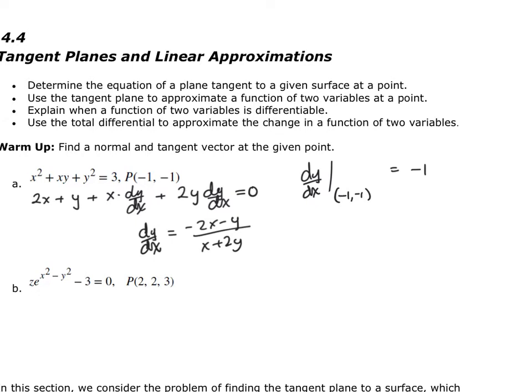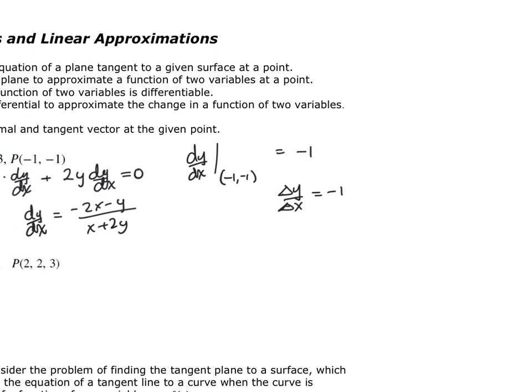So I just need a vector that will satisfy a tangent slope of negative 1. Now delta y over delta x is equal to negative 1, which means I can write this as negative 1 over 1, or 1 over negative 1. It doesn't really matter. What I need is a vector with that same direction. One such vector starts at 1 and goes to negative 1, so i component 1 and j component negative 1.